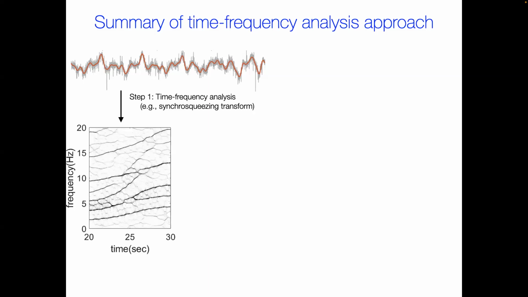On the top is a time series. The gray line is the noisy signal, which is simulated by me, so I know the ground truth. The red one is the clean, original data. And then I run time frequency analysis and get this time frequency representation.